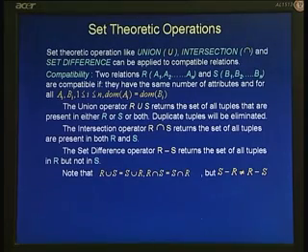Similarly, the intersection operator returns a set of all tuples that are present in both R and S, which is the same as the intersection operator on sets. And similarly the set difference operator R minus S returns the set of all tuples that are in R but not in S. So the set of all tuples that are unique to R and not present in S would be the output of R minus S.